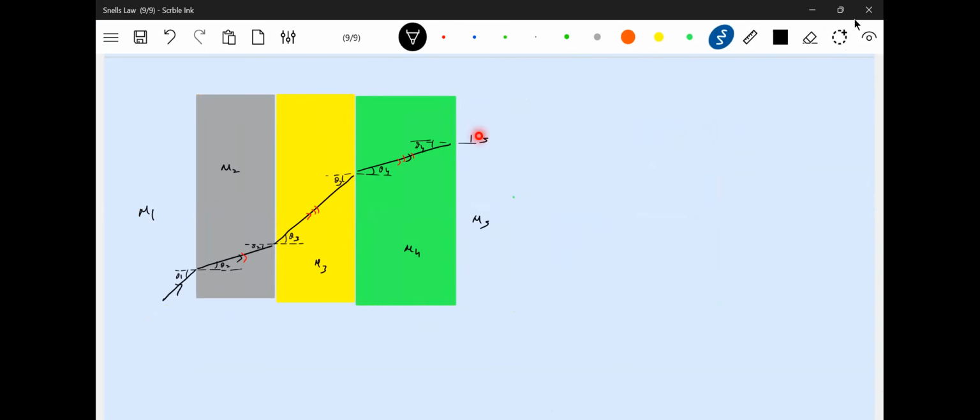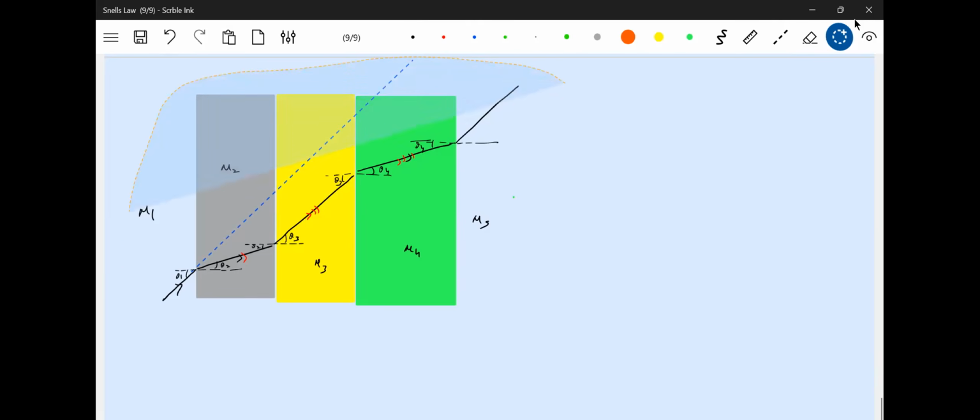So in that case, the ray will emerge parallel. If you look at this particular section of the ray, you bring it here, it will become parallel to that. The emergent ray will be parallel. I'll realign the diagram.